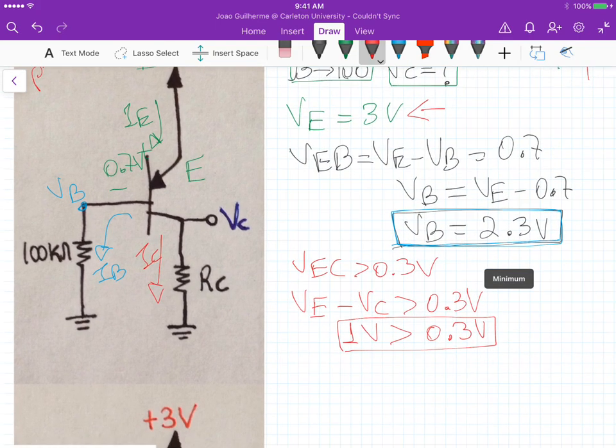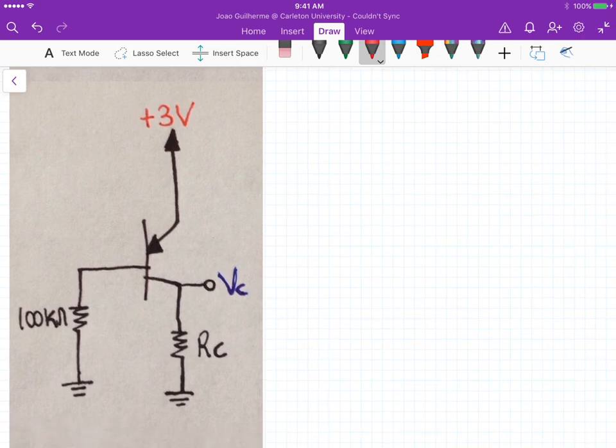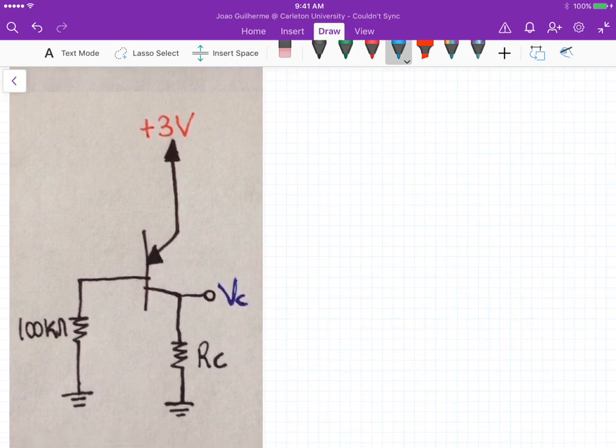Okay, now since we know VB equals 2.3 volts, we can calculate the current IB that's flowing here, because that's the current flowing through this 100K.